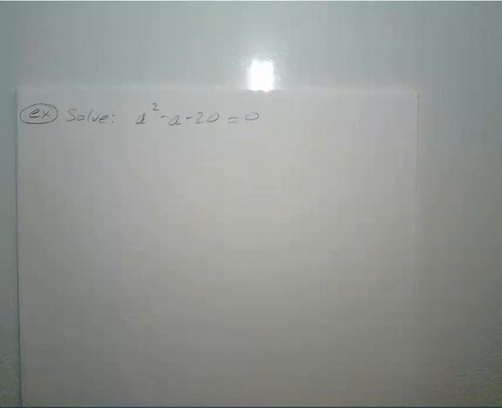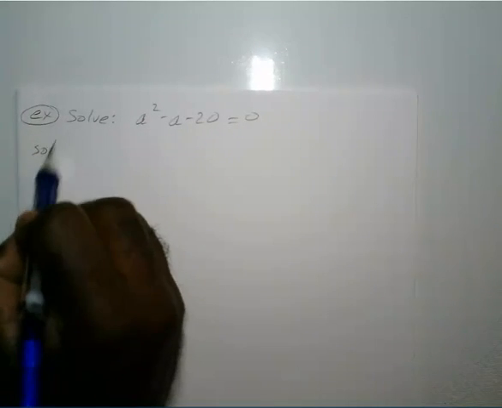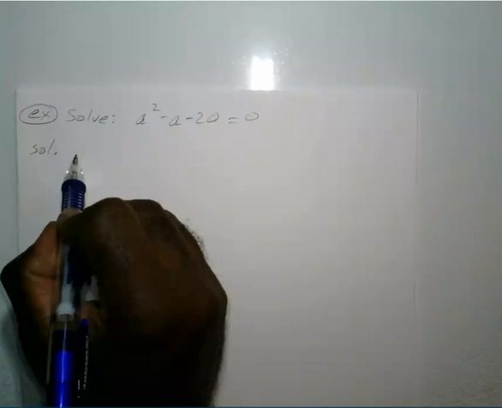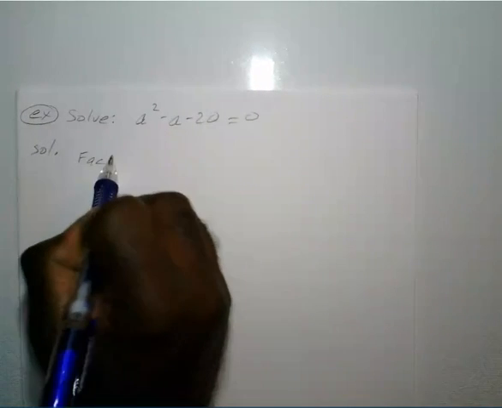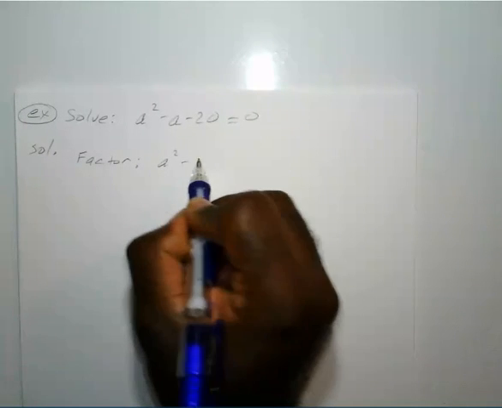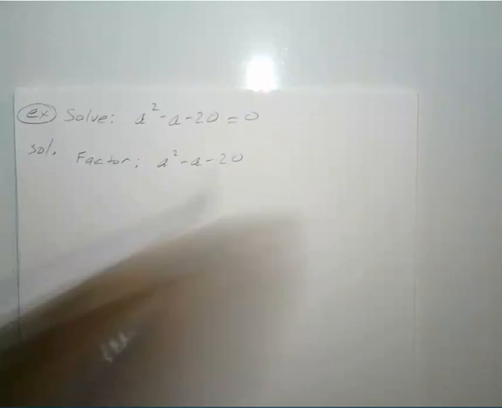With this, we have to do the factoring ourselves. If you need a refresher on factoring, just go back to the factoring videos. But for this one, we just need to factor a squared minus a minus 20.